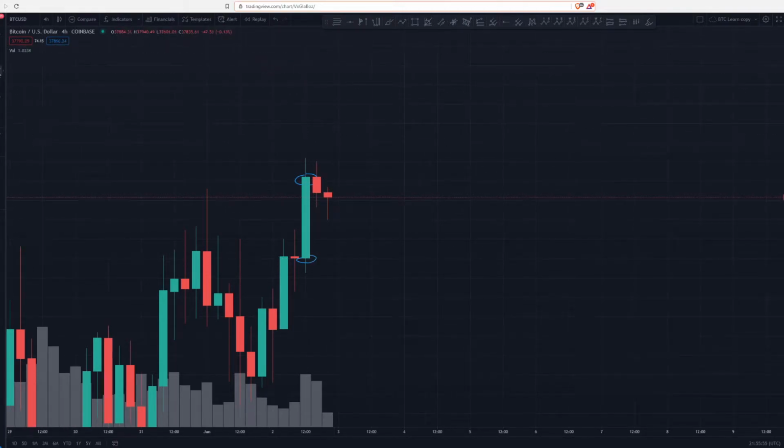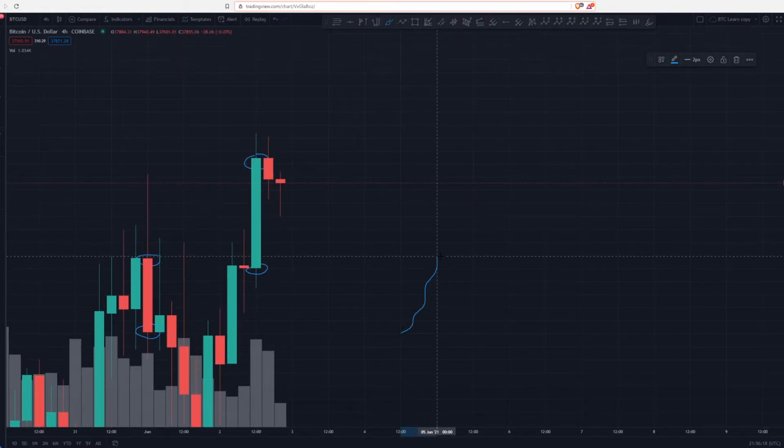If you look at a red candle, the open is the top of the body, the close is the bottom. When in doubt, here's a little cheat code. Hover your mouse over a candle, and in the top left corner, whatever candle is currently selected, you'll see the open, the close, the high, and the low.